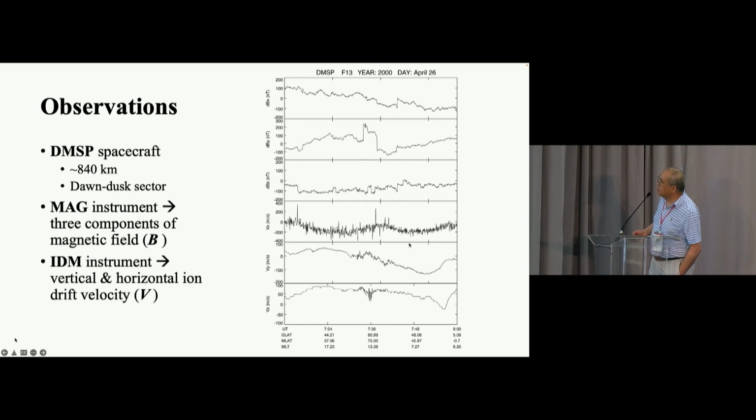So this clearly uses DMSP observations, which are in the dawn-dusk pass, and uses BX, BY, BZ, the magnetic perturbations. Then you have the drifts from IDM, the horizontal and vertical drifts, and you calculate the electric field.